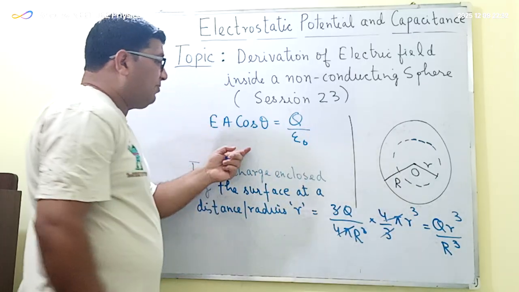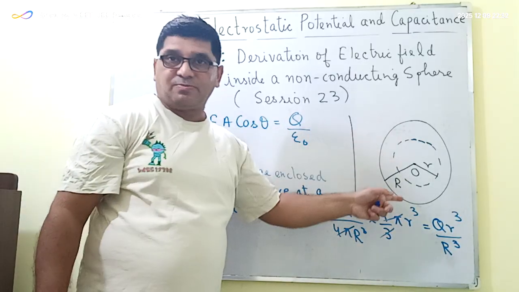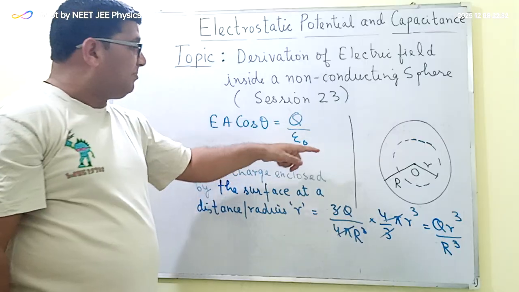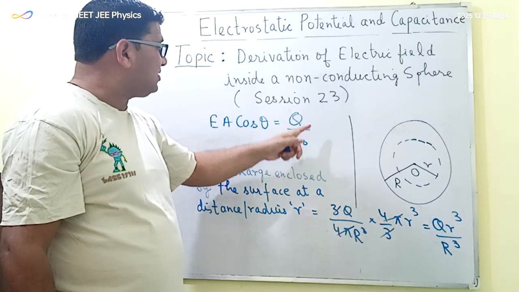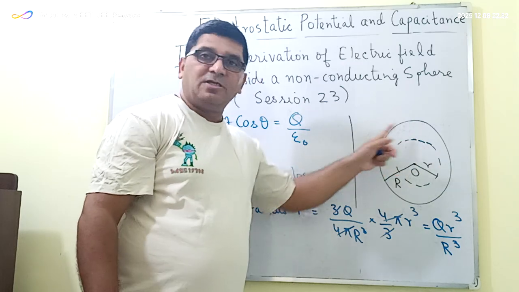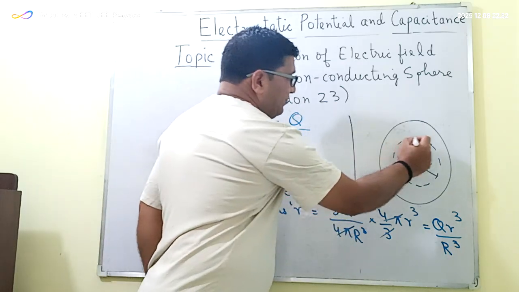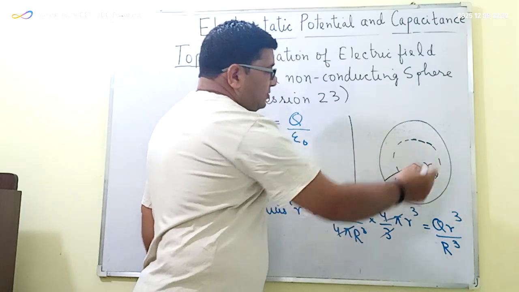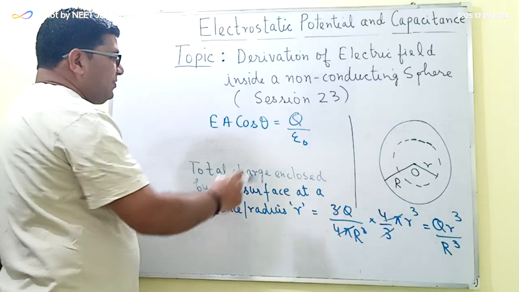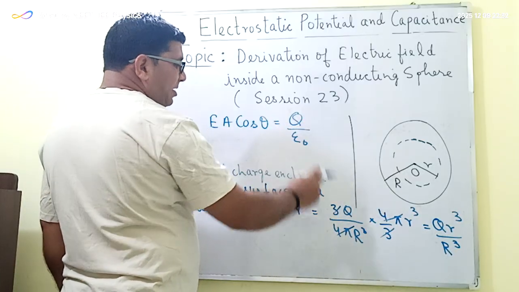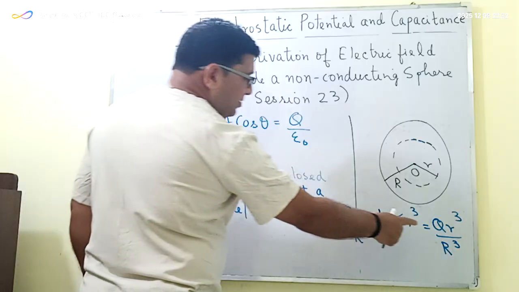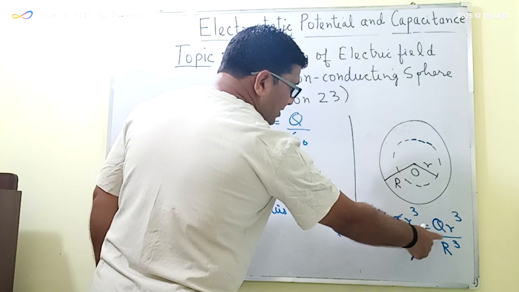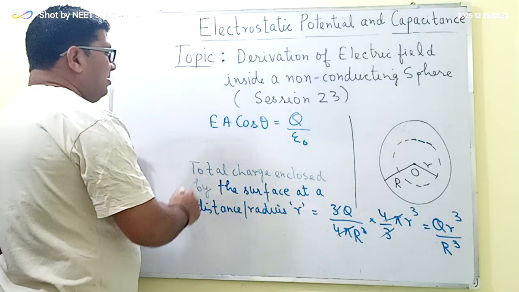This is the formula when the medium is free space, where Q is the total charge enclosed by this Gaussian surface. So this is the Gaussian surface, and the total charge enclosed will be equal to Q small r cube divided by capital R cube.